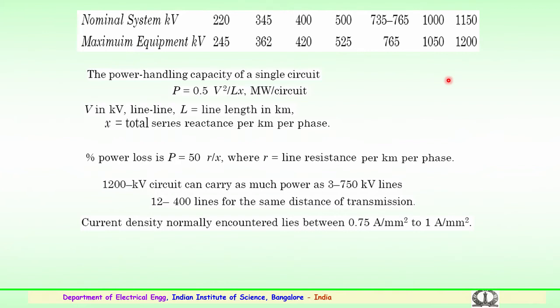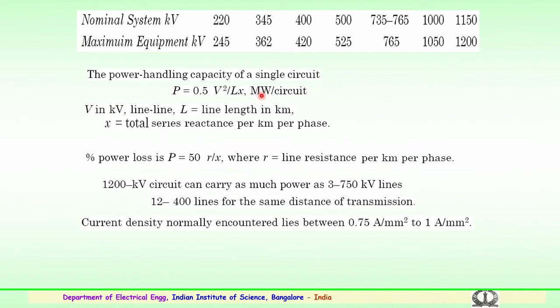So, how is the power handling capability with reference to a single circuit? An example is considered here. The power handling capability of a single circuit, that is one tower consisting of 3 conductors, RYB phase in a single tower, is given by the empirical formula which is given here: P is equal to 0.5 V square by Lx.